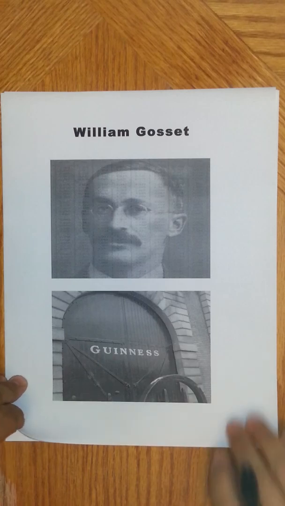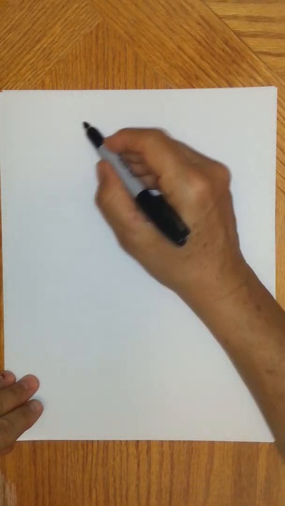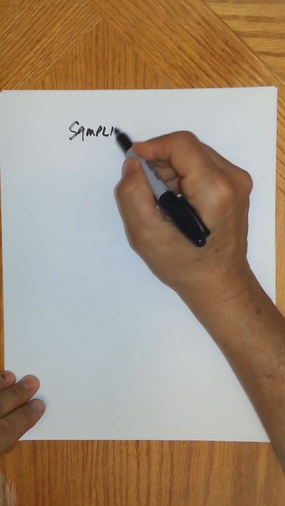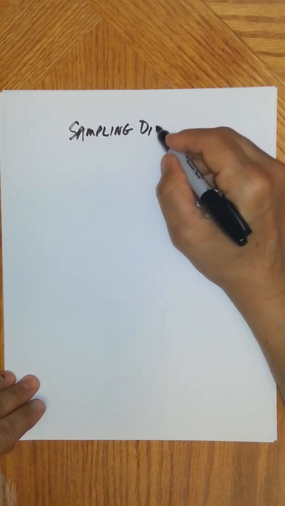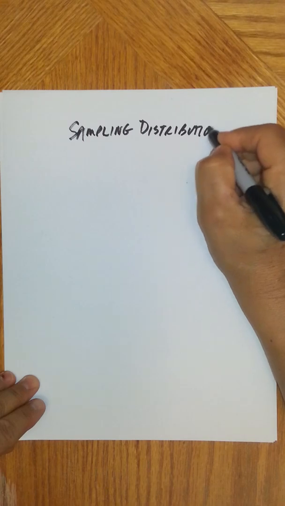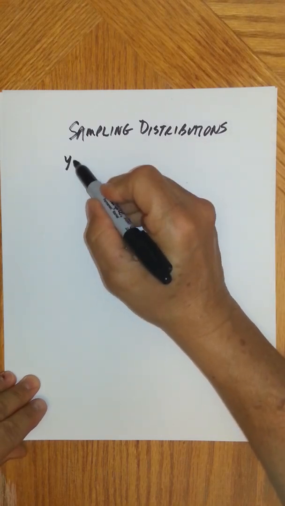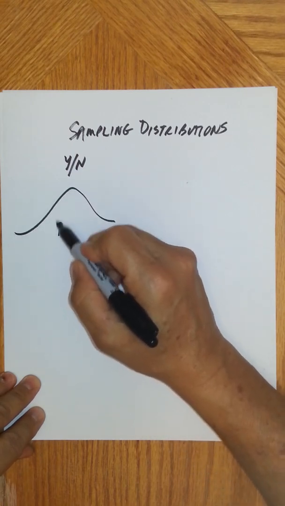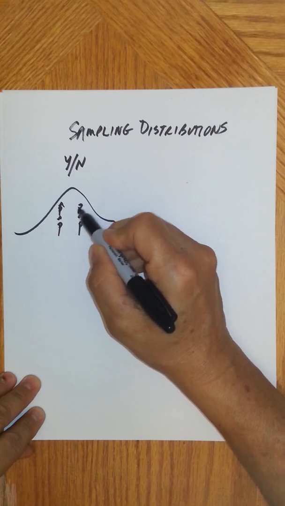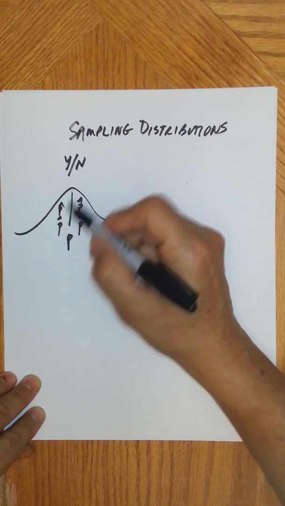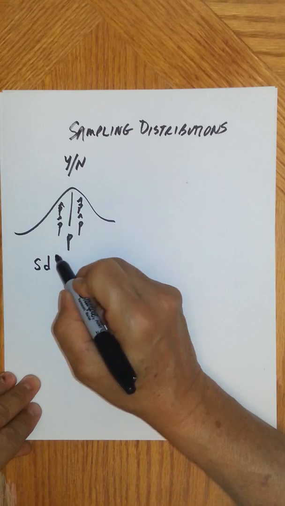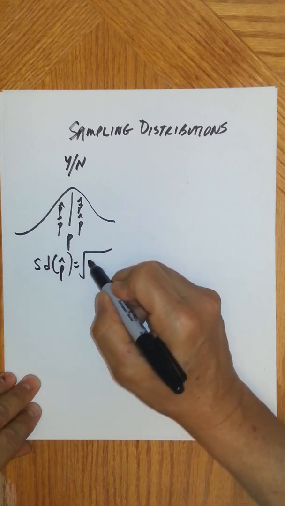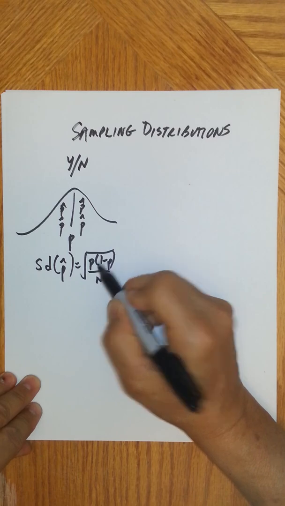So what is happening? Why do we have to have t-distributions? Well, if you recall from sampling distributions, if you have a yes-no trait, we know that the sample proportions, the p-hats, will cluster right around p, and they'll do so in a normal distribution, and they'll spread out by the standard deviation formula, square root of p, 1 minus p over n.